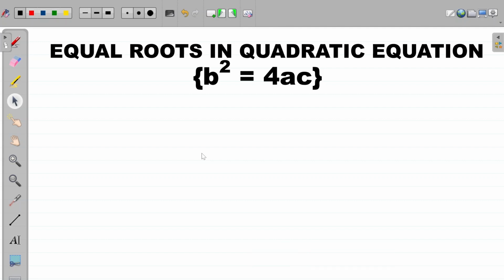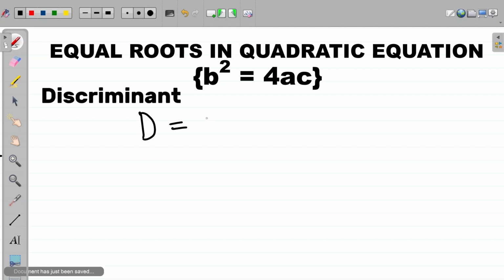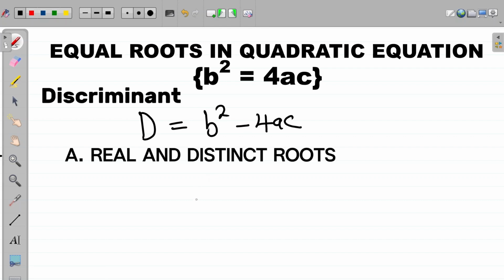Let's dive into it. In a given quadratic equation, the type of root is determined by the discriminant, D equals b squared minus 4ac. Thus, for real and distinct roots, D is greater than 0, b squared is greater than 4ac.